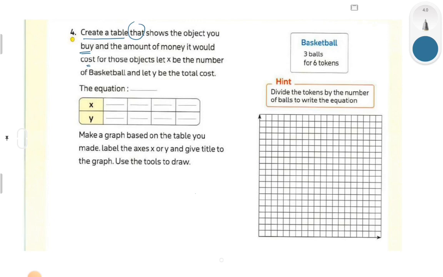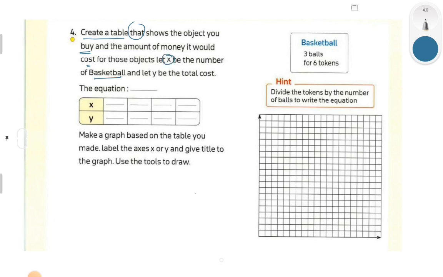I will buy something with some money. This is a relationship between x and y. Now for this object, let x be the number of basketballs I will buy. How many basketballs will I buy?